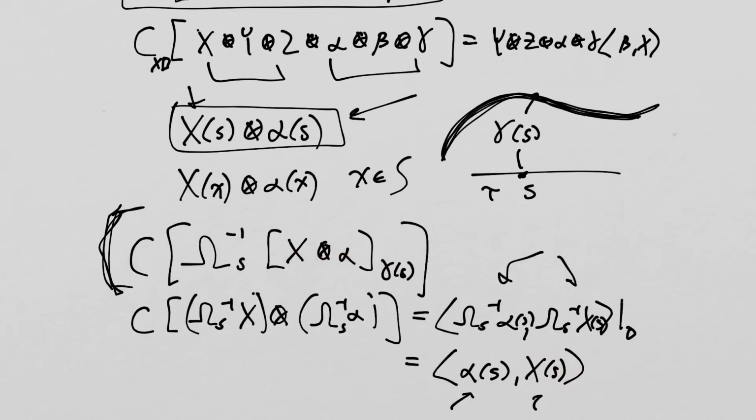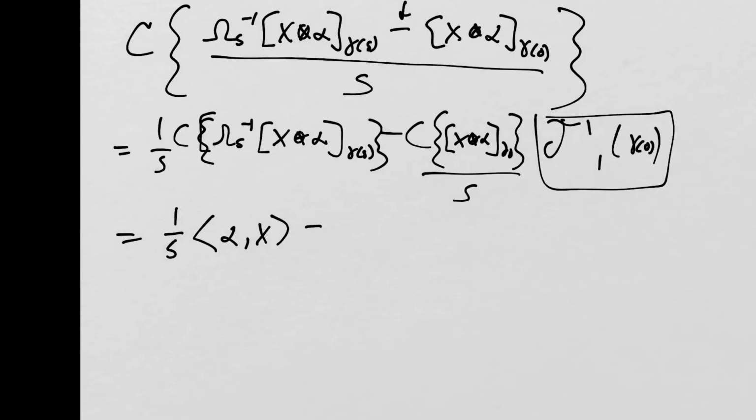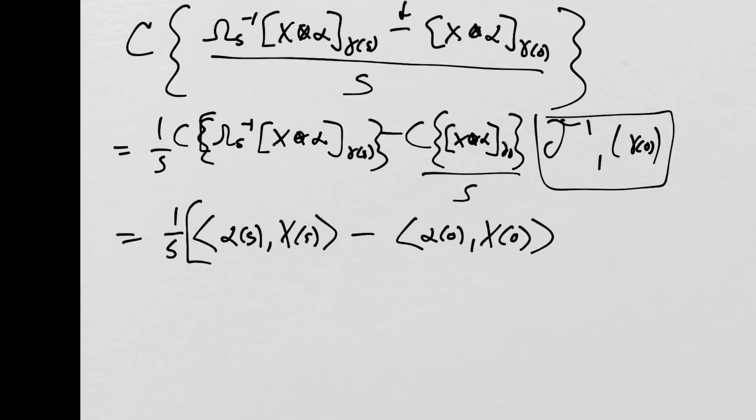That's what this process showed. So when I do this, I should probably write alpha at s, x at s, like that. And then this is minus alpha at 0, x at 0. And the whole thing has a 1 over s involved.